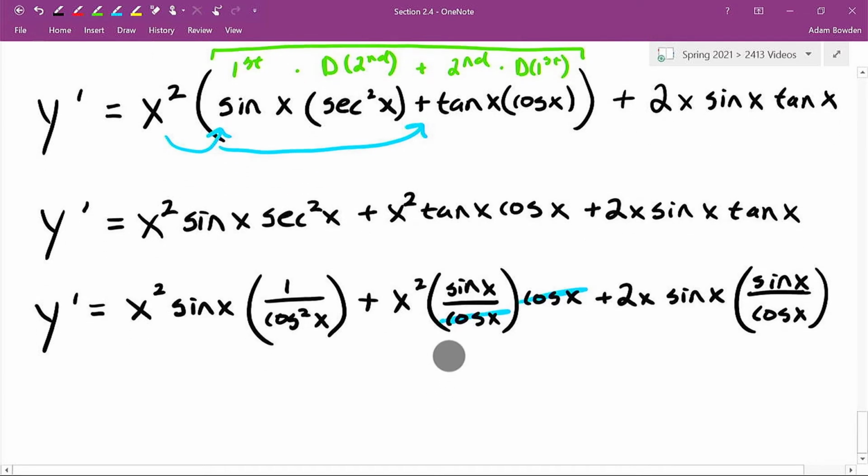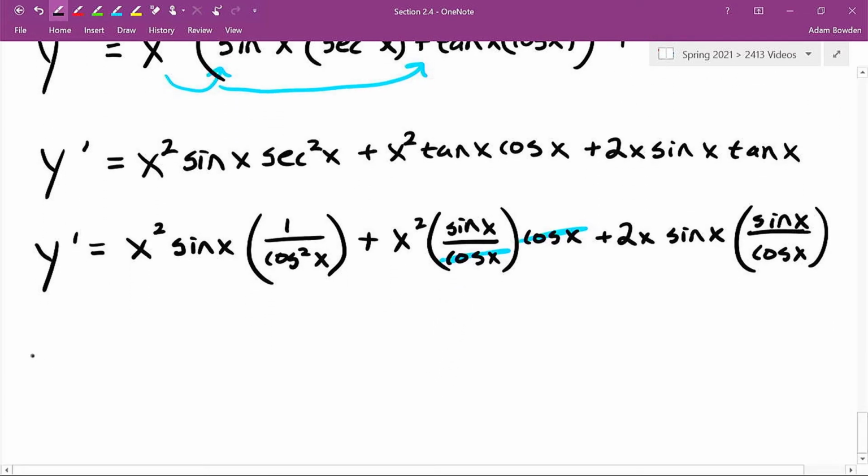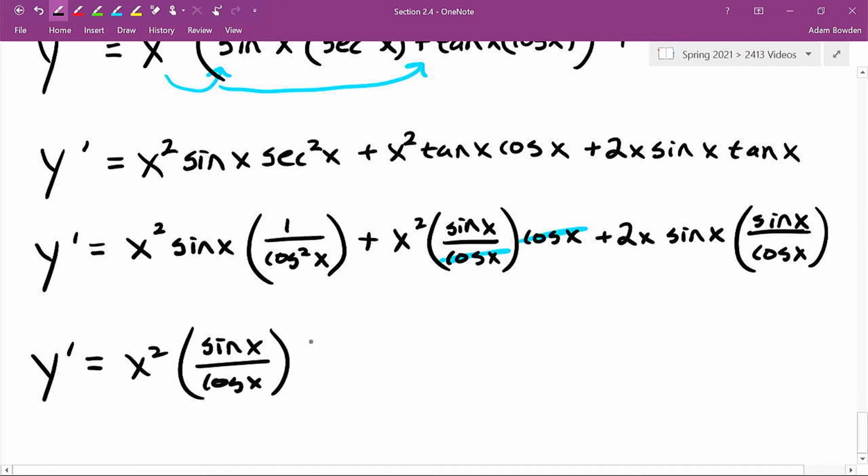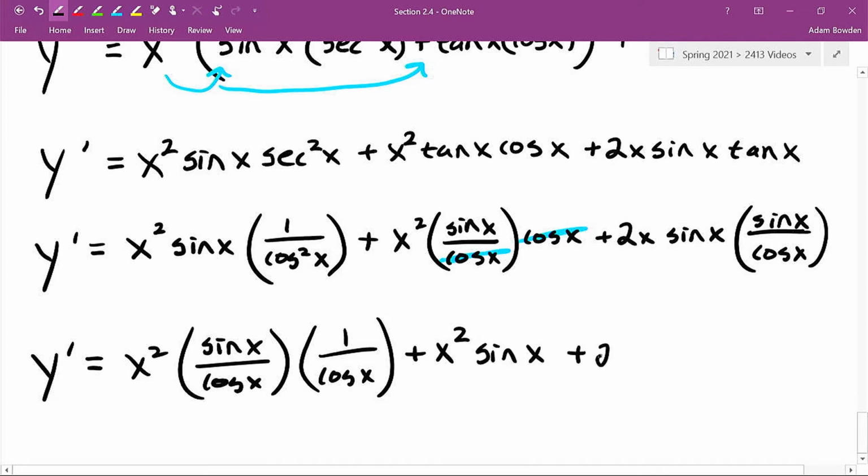That's good. At least we can simplify a little bit of this. I'll also go ahead and rewrite this as sine x over cosine x times 1 over cosine x. Then we'll have a plus x squared sine x plus 2x, and then really not a whole lot going on over here.